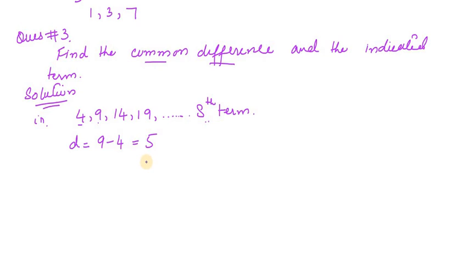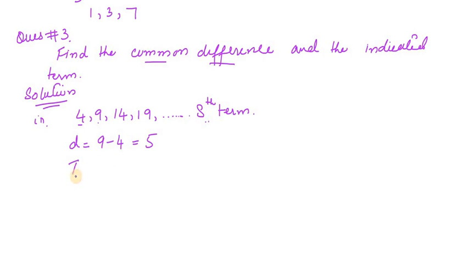If it is not an arithmetic progression, we cannot use the general nth term formula. 14 minus 9 is also 5. 19 minus 14 is also 5.